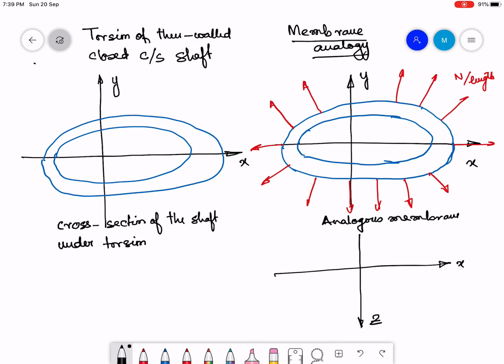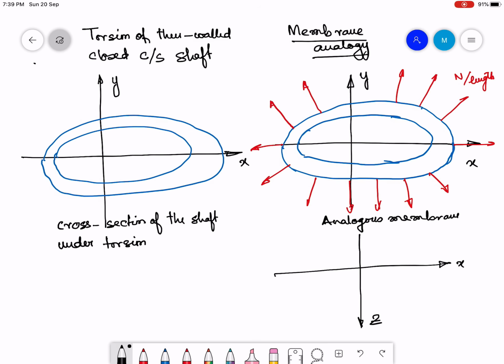So we know how to find out the torsional rigidity, how to find out the maximum shear stress, and we have seen it's a pretty easy task to find out the torsional properties and torsional analysis of such thin walled cross section shaft but open cross section.